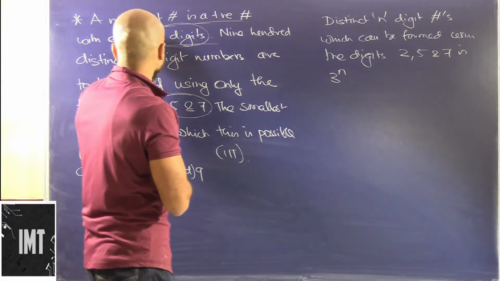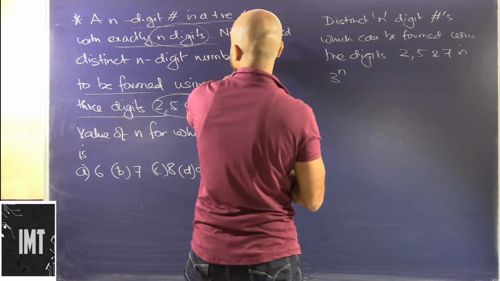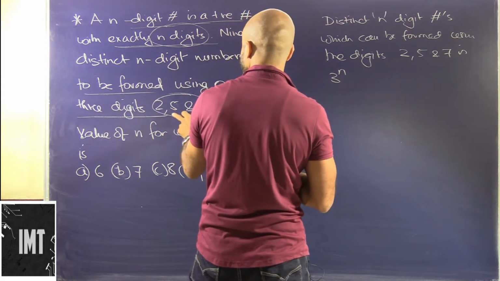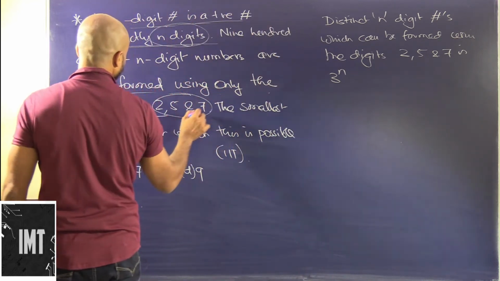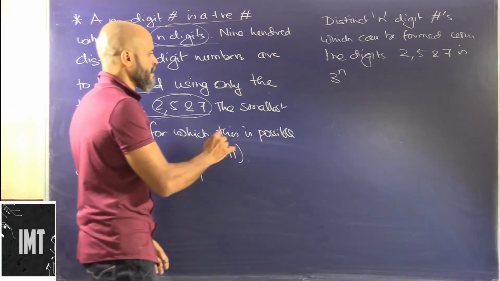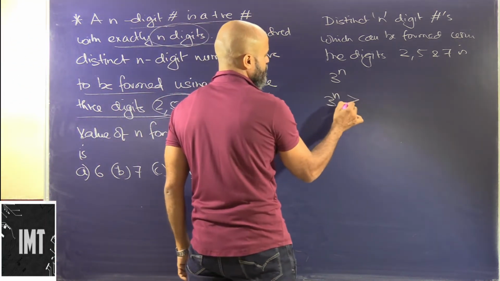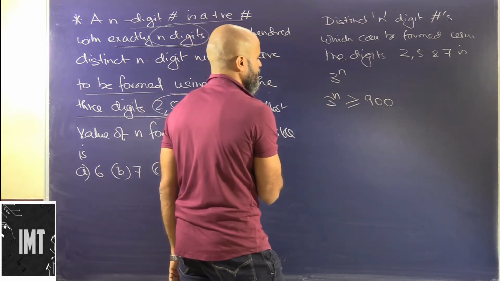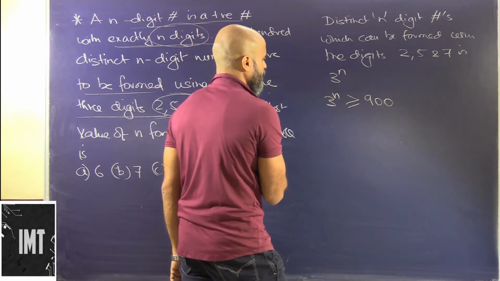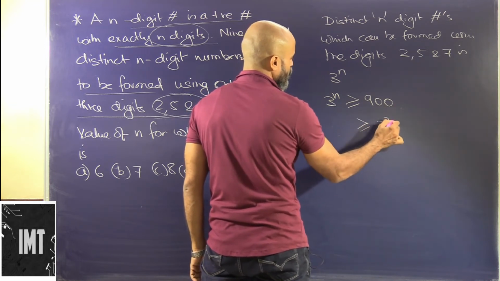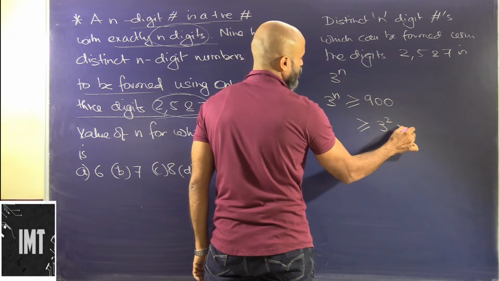Now an n digit number is a positive number with exactly n digits. 900 distinct n digit numbers are to be formed using only the 3 digits 2, 5 and 7. The smallest value of n for which this is possible. So 3^n has to be greater than or equal to 900, right?